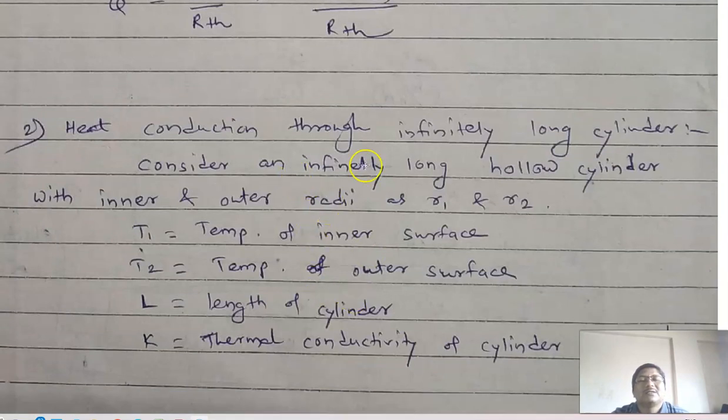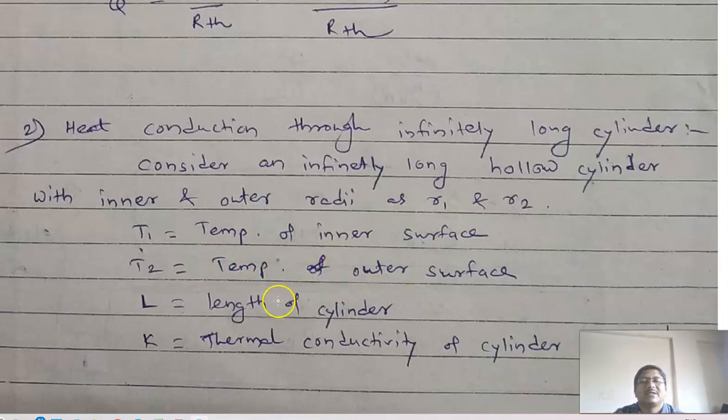Now heat conduction through an infinitely long cylinder. We have seen up to now the slab. Here we will see the heat conduction through an infinitely long cylinder. In the diagram, we consider a long hollow cylinder with inner and outer radius R1 and R2.